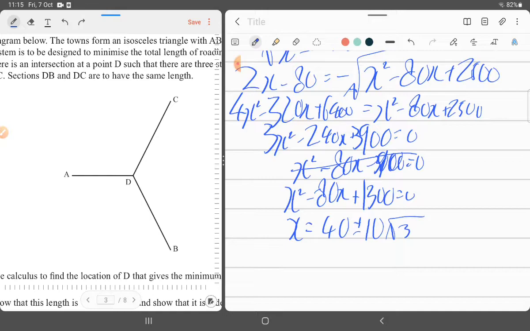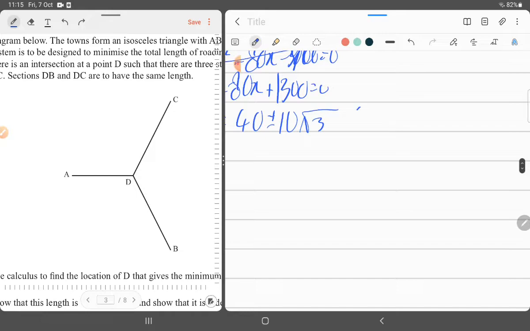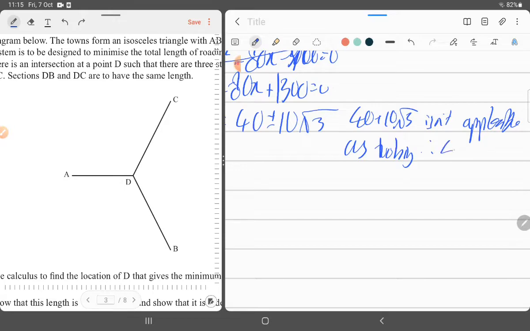So that's not applicable, since the total length of hair is 40. So 40 plus 10 square root of 3 isn't applicable as it's too big. Therefore, 40 minus 10 square root of 3 is the only answer.